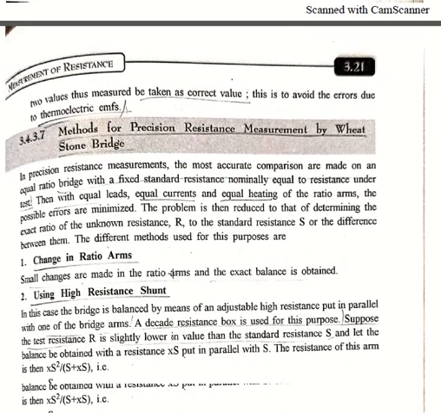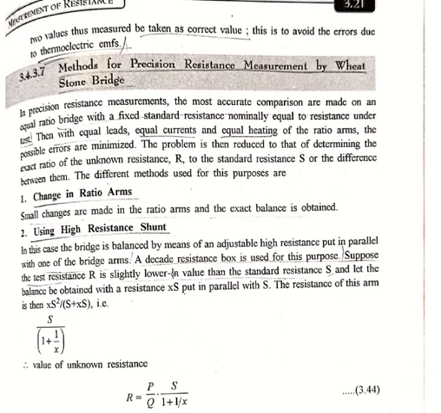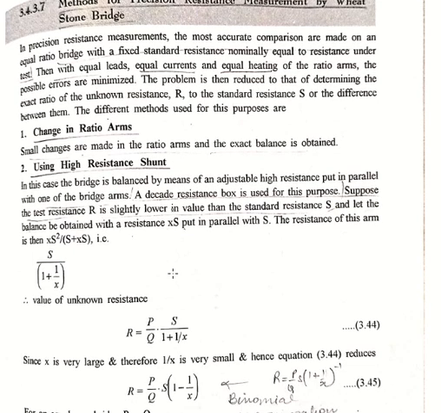Now coming to the method of precision resistance measurement by Wheatstone bridge. For precise resistance measurement, the most accurate comparisons are made on an equal ratio bridge with a fixed standard resistance nominally equal to the resistance under test. We were taking our standard resistance as a variable, but for a precise measurement we have to take a fixed standard resistance, equal to our resistance under test.